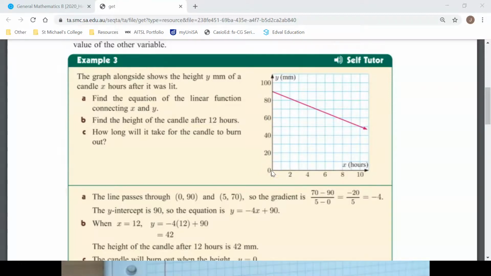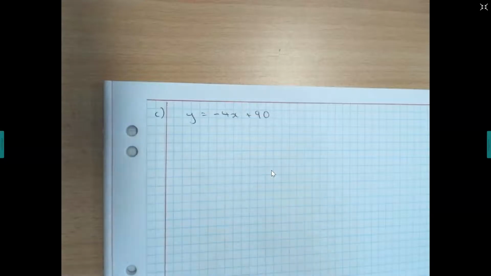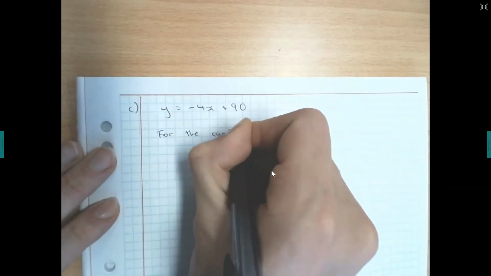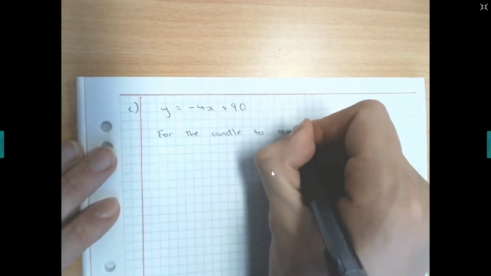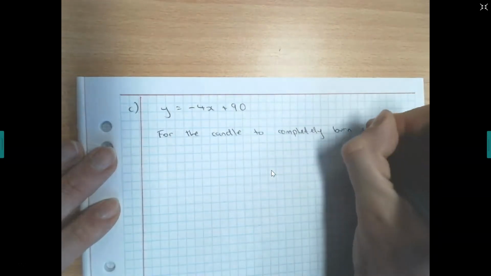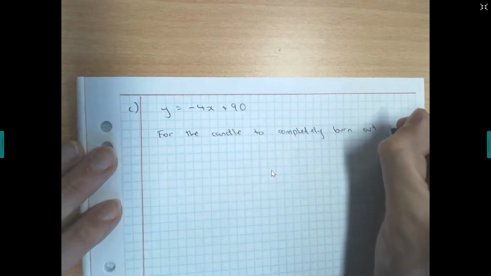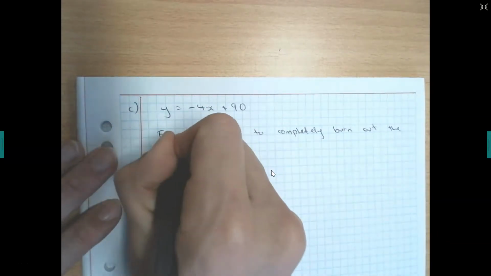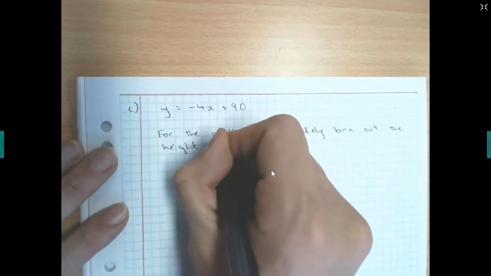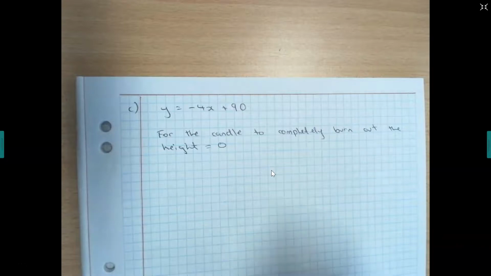So remember, the equation that we determined was that y was equal to negative 4x plus 90. So for the candle to completely burn out, the height will equal 0 millimeters.